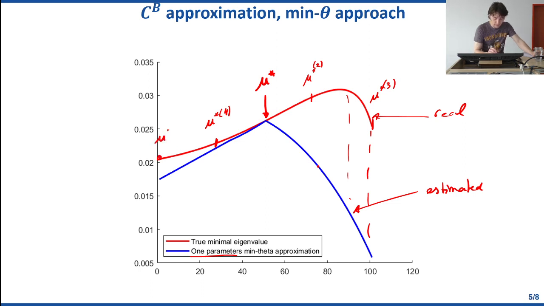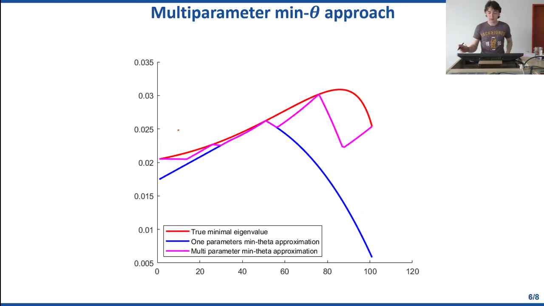Typically it's good to consider the corners, those are the extreme cases. Then we find something that looks like this. So this is the multi-parameter min theta approximation, where again we have our original reference and each of the other references. And as expected, at each of the reference points we get exactly the CB at that location.